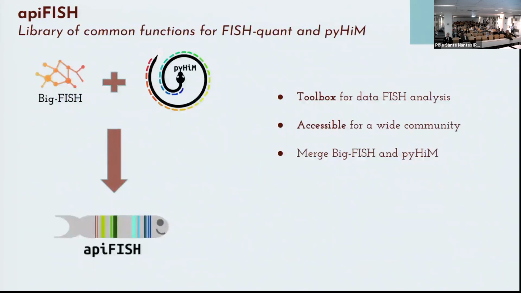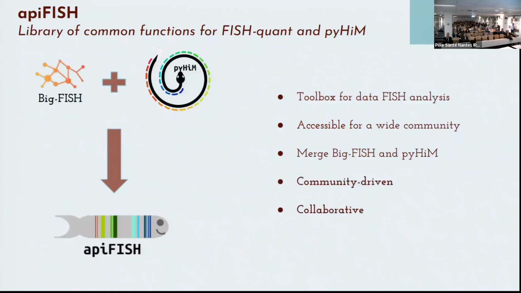So to start, we have to build HappyFish, a common function library. It's a toolbox made to be accessible for everyone who wants to do FISH data analysis. Actually, HappyFish is the merge of functions from BigFish and from PolarIMAGING. BigFish is also FishQuant, to be quick.